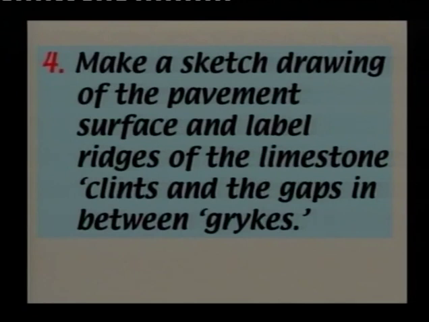And the gap between those blocks that are left standing, you label that as grikes, because clints and grikes are common features which are formed especially on limestone areas whereby solution or carbonation has taken place, resulting in blocks standing, which are clints, and gaps between the blocks, referred to as grikes.